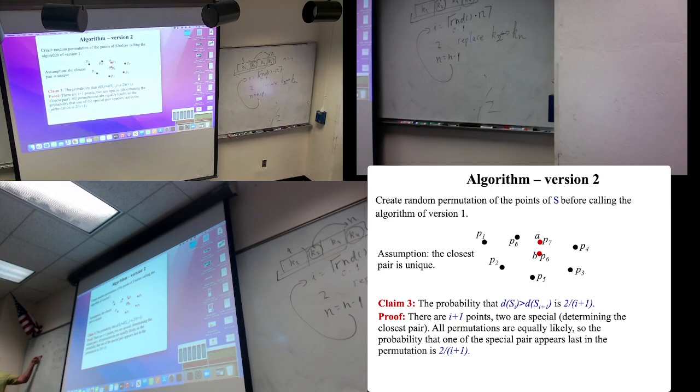I want to remind you of something very similar to the question that we discussed about how many times do I update the maximum when I pick elements at random.